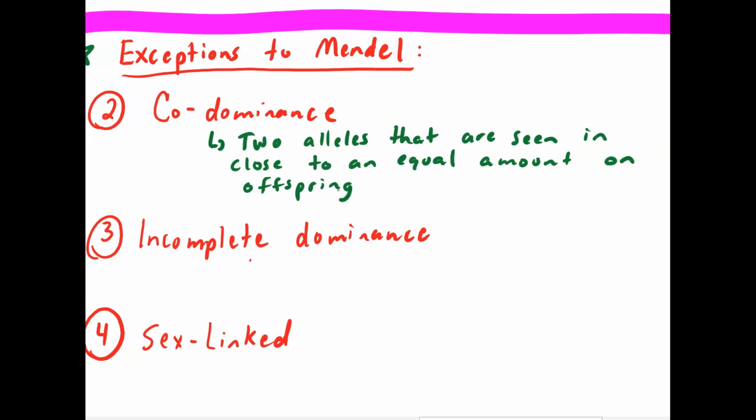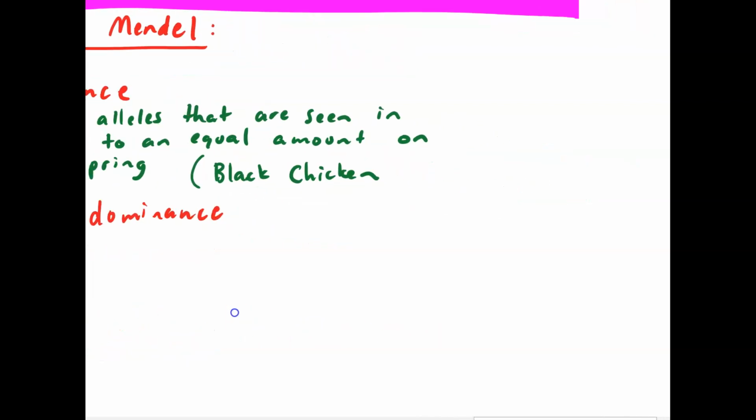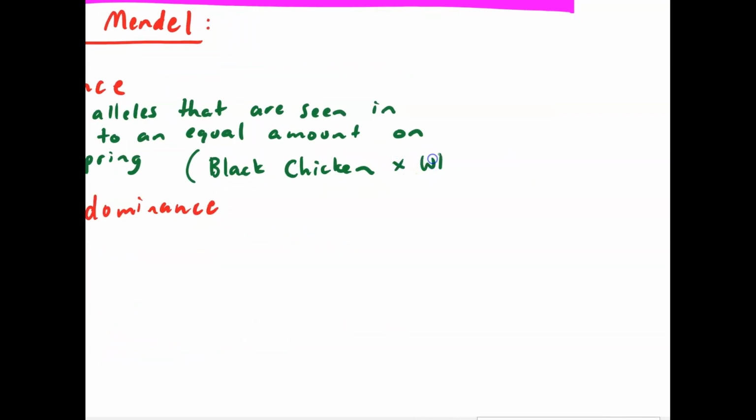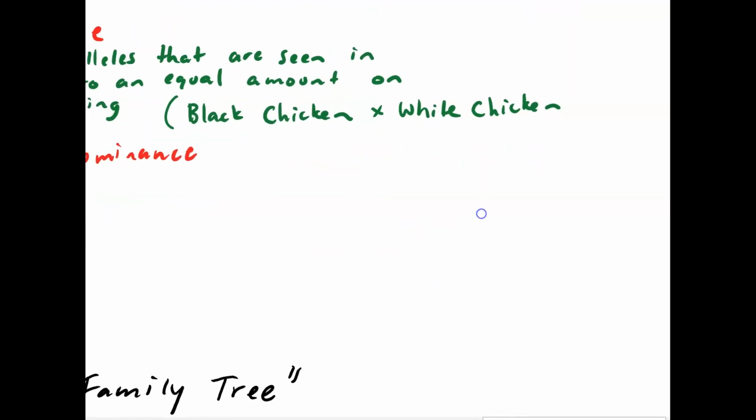For example, here we could have a black chicken crossed with a white chicken makes a speckled chicken.